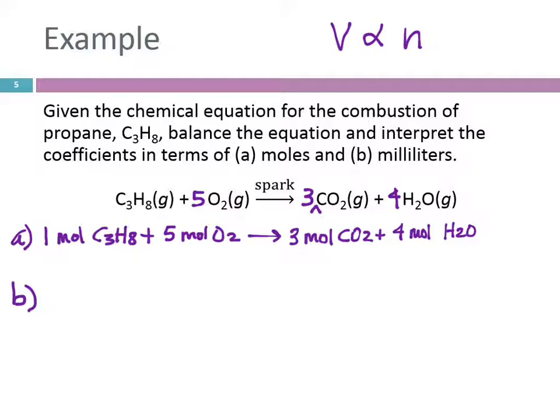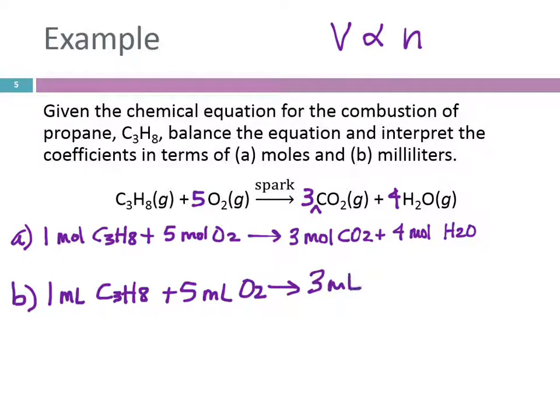We could also do this in terms of milliliters. 1 milliliter of propane reacts with 5 milliliters. And this is forming 3 milliliters of CO2 and 4 milliliters of water, all gases. Any questions?